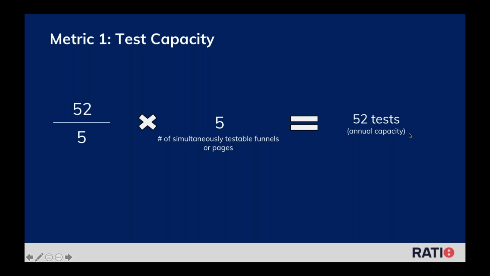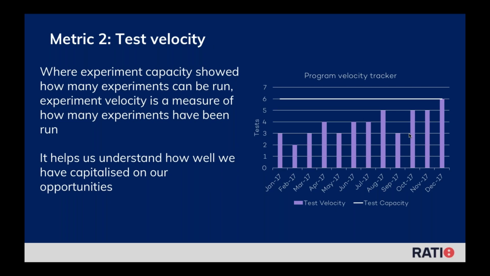So that's the starting point, is to understand how much you could be testing if you were running at peak efficiency, let's say. The second metric that you want to look at then is what percentage of that capacity you're actually making use of. And this is where we're talking about test velocity. So test velocity is essentially just how many tests we're running in a given period of time, let's say a month.